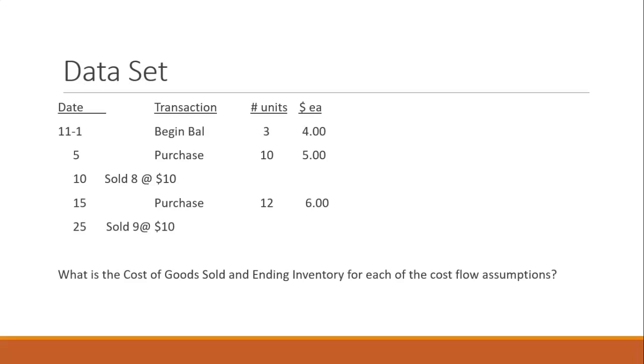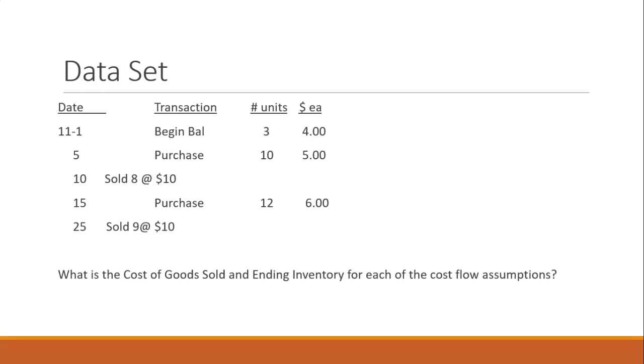On the 5th of November, we purchased 10 more units, and they cost us $5 a piece. On the 10th of November, we sold 8 units to customers, and of course we charged more than it cost us, a sales price of $10 a piece.